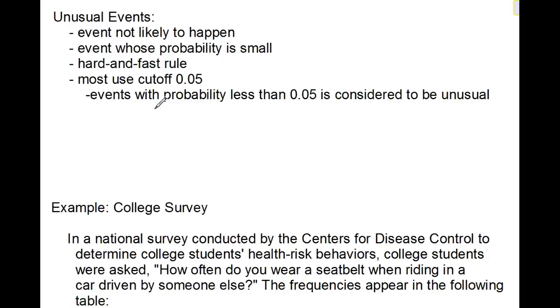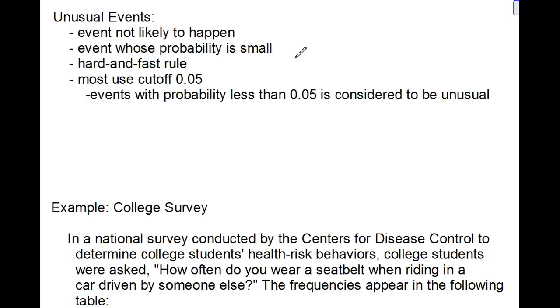Now we need to talk about unusual events. These are events that are not likely to happen, or events whose probability is small. The problem with unusual events is that there is no hard and fast rule for these. In other words, there's no real cutoff that everyone in the statistical or research world uses, where anything below it is considered an unusual event. The rule of thumb most tend to use is 0.05.